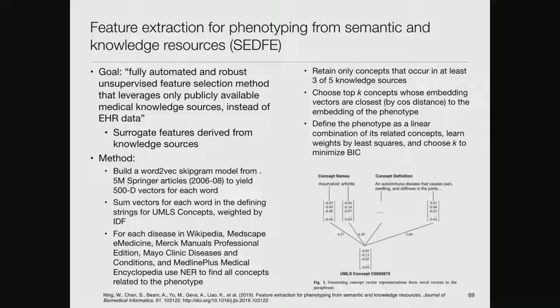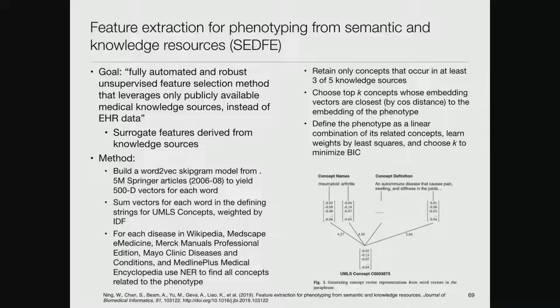So these are published medical articles to yield 500 dimensional vectors for each word. And then what they did is they took the concept names that they were interested in and their definitions from the UMLS. And then they summed the word vectors for each of these words weighted by inverse document frequency. So it's sort of a TF-IDF-like approach to weight different words.